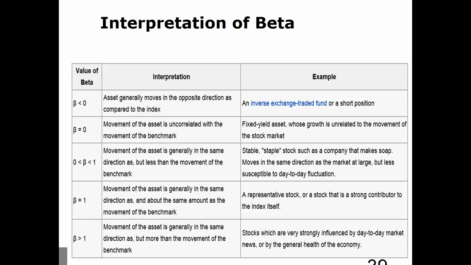So overall, from this matrix, you get an idea of how useful it is to rely on the information derived from the beta value in determining the prospect of investing in a particular stock, and also deciding whether or not to include a particular stock in your investment portfolio. That is why beta is a very popular and extremely important measure.